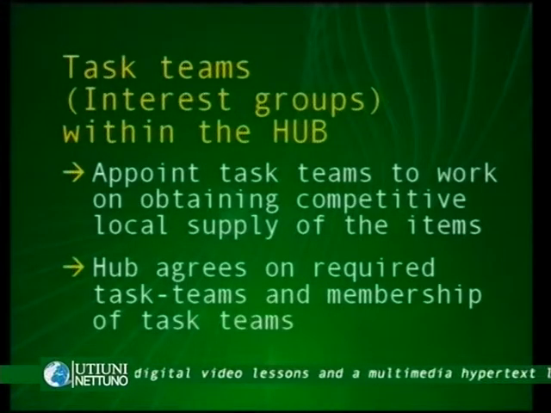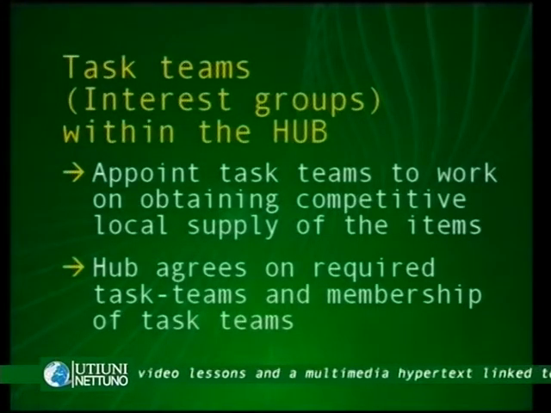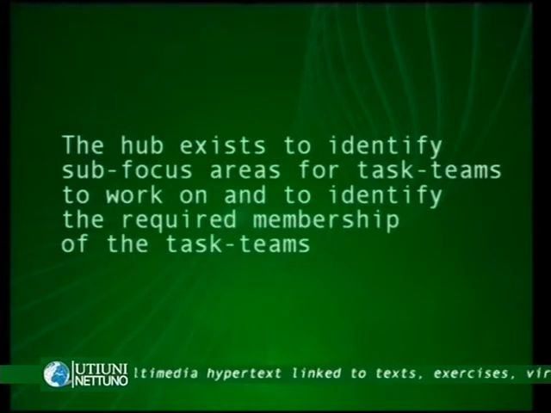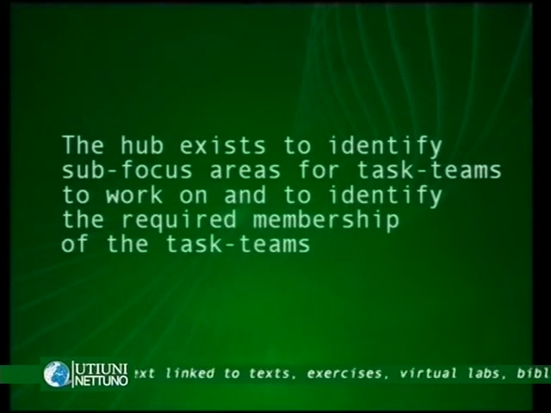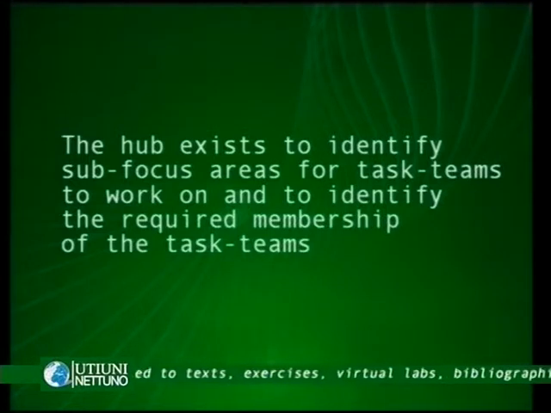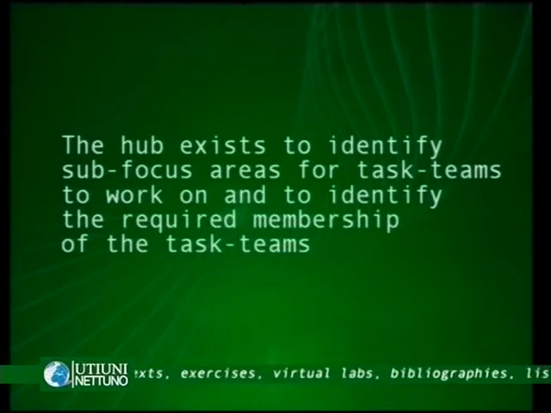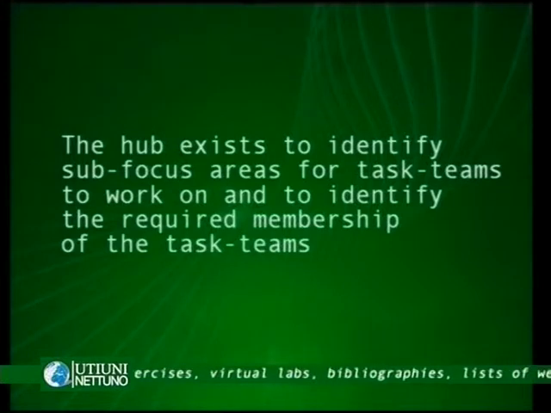And they agree on membership of the task teams. The hub must decide on the membership of the task teams. And the hub exists to identify sub-focus areas for task teams to work on and to identify the required membership of the task teams. That is just a sort of a credo of the hub.